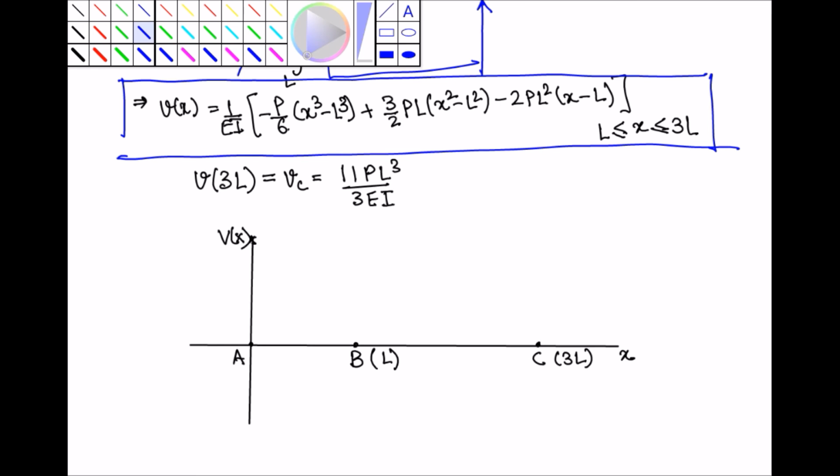So if we assume that the deflection starts as 0, with the slope 0, it would go to B and end up at 11PL cubed over 3EI. This concludes the solution for homework problem 7.3.